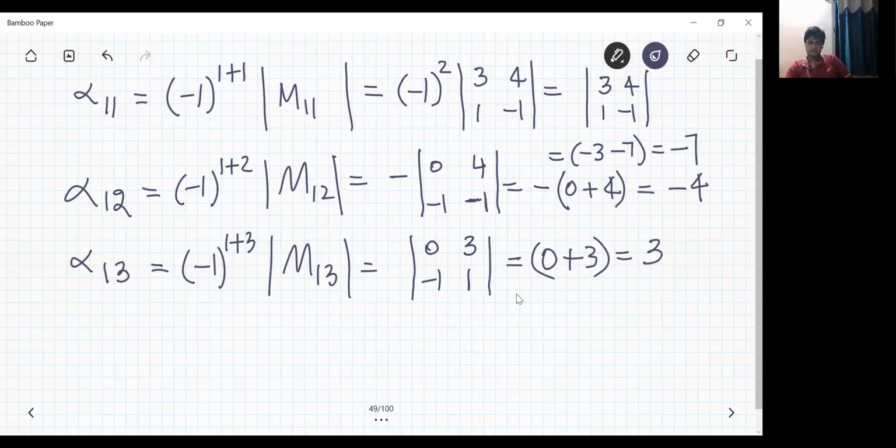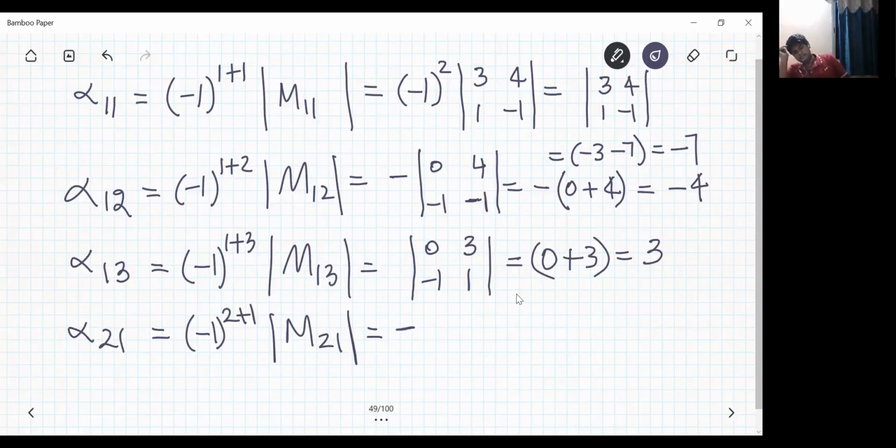Like this you have to find alpha 2 1. Minus 1 power 2 plus 1, M21. So here we get a minus sign, minus 1 cube, because 2 plus 1 is an odd number.